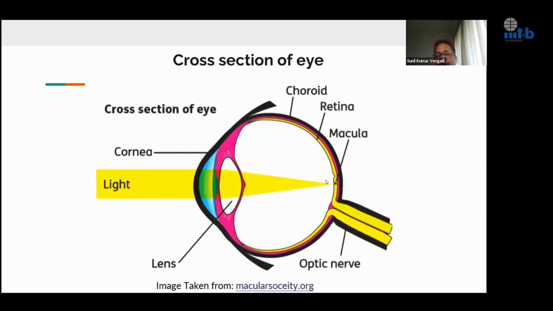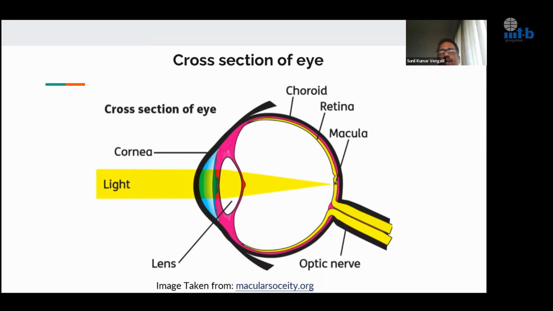Basically, fundal images are images of the eye. What you see here is a simple cross section of the human eye. Our human eye is a 3-layer structure. The innermost layer is the retina, where all the photosensors are arranged.